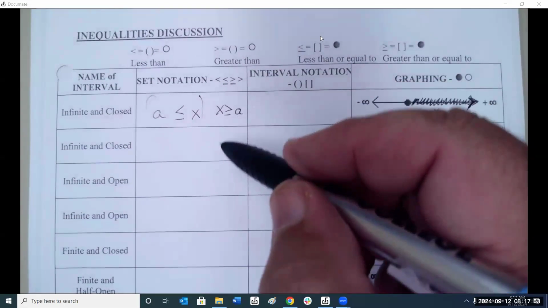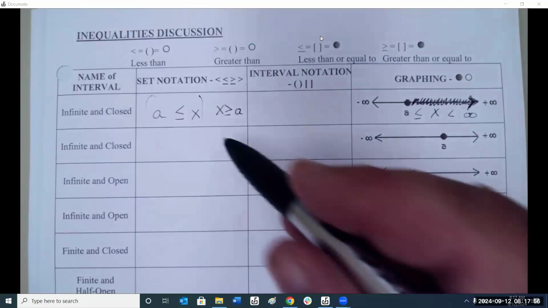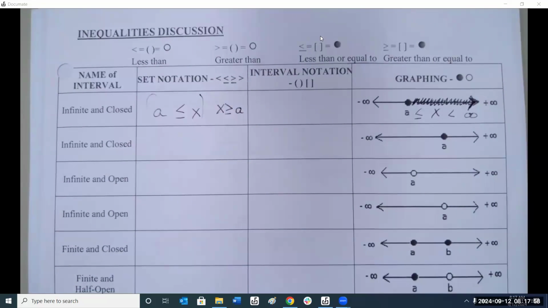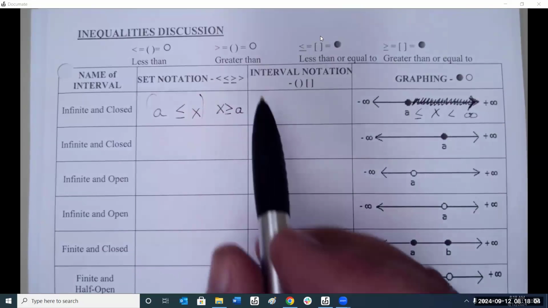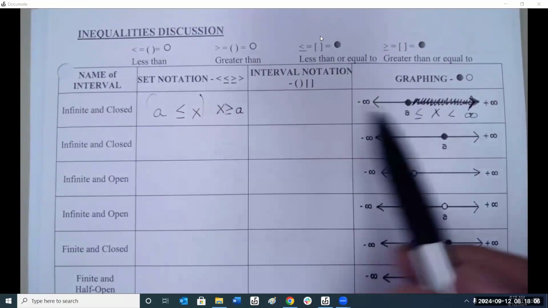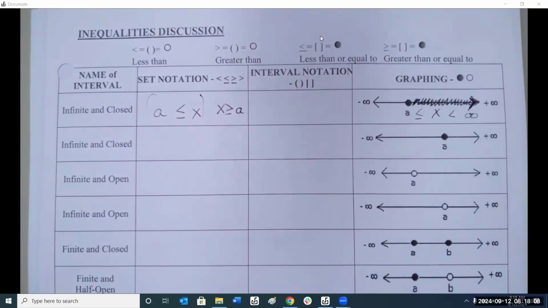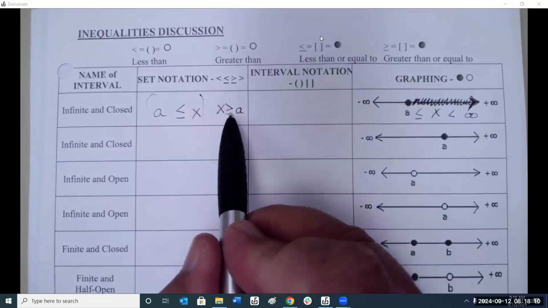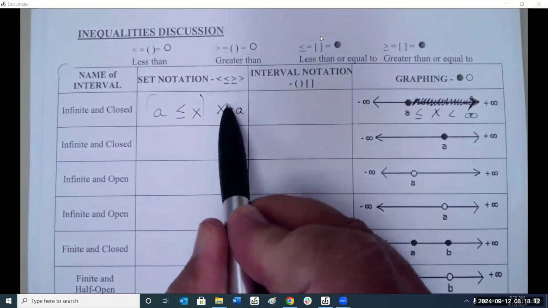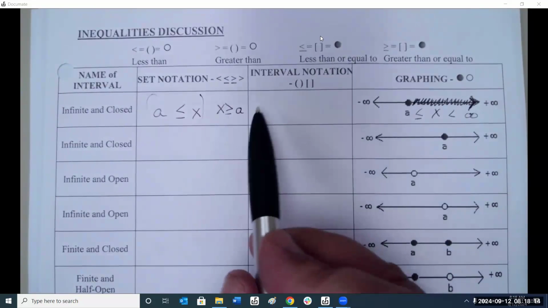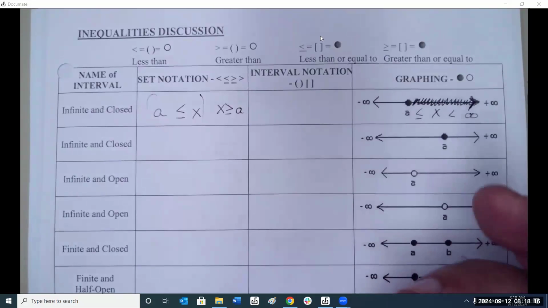I'm going to start writing it this way because most of y'all have been taught or learned to put the X on the left. And it makes it easier if X is on the left, because if X is on the left, the arrow points to which side gets shaded. Well, yeah, because now my shaded region should go to the right of A. So that's what it tells us.